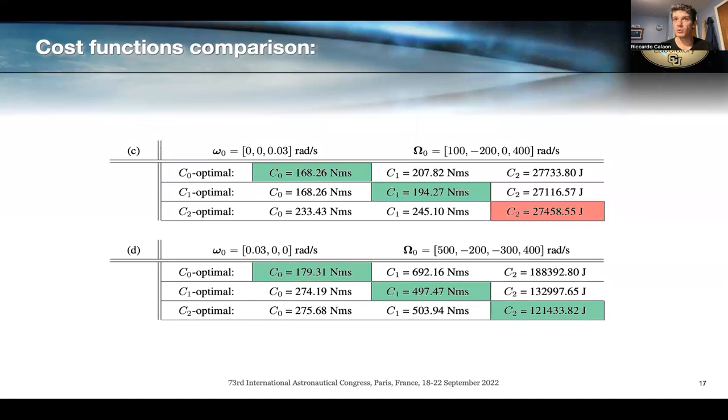These are the same tables for case 3 and 4, or case C and D. And we can see that here there's actually an anomaly related to the cost function C2.